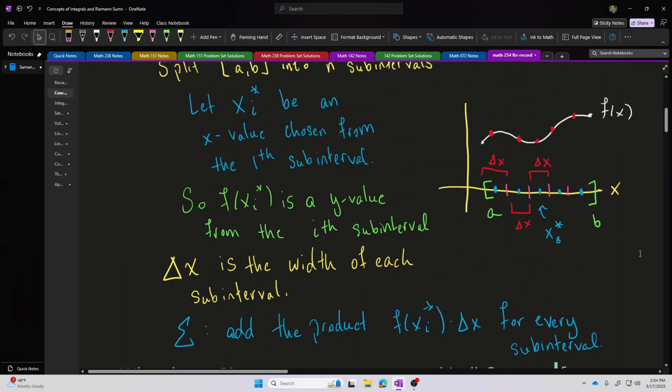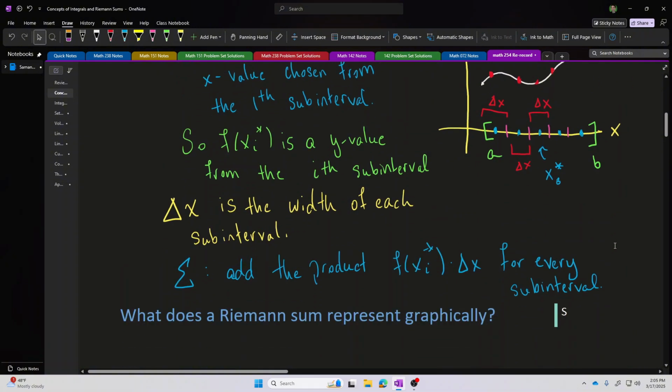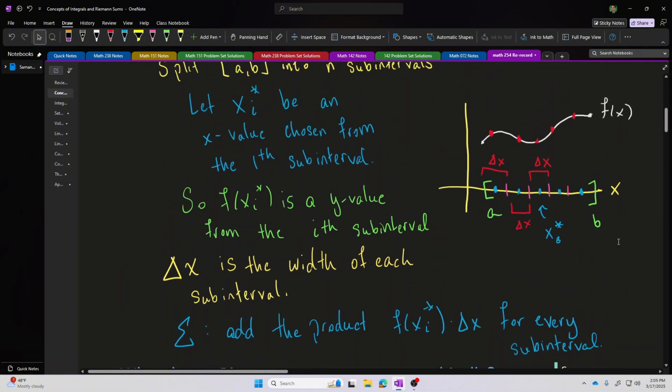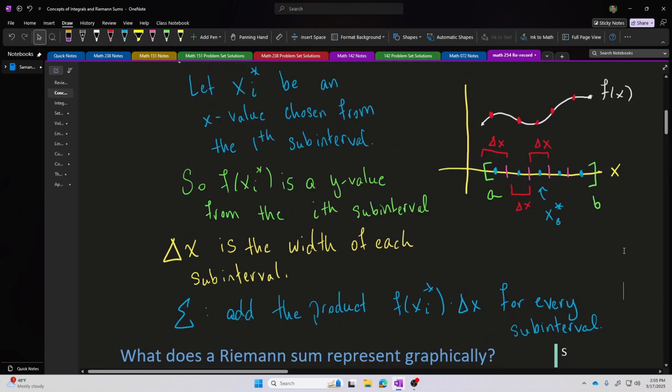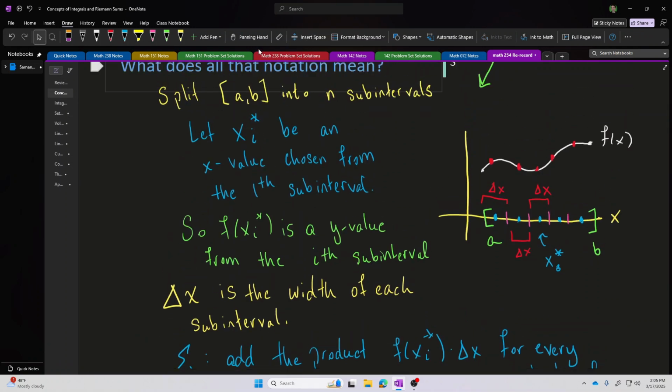We have seen how each of the different pieces of the Riemann sum relates to the graph of f of x. But let's now see specifically what this sum of products is communicating to us about the graph.